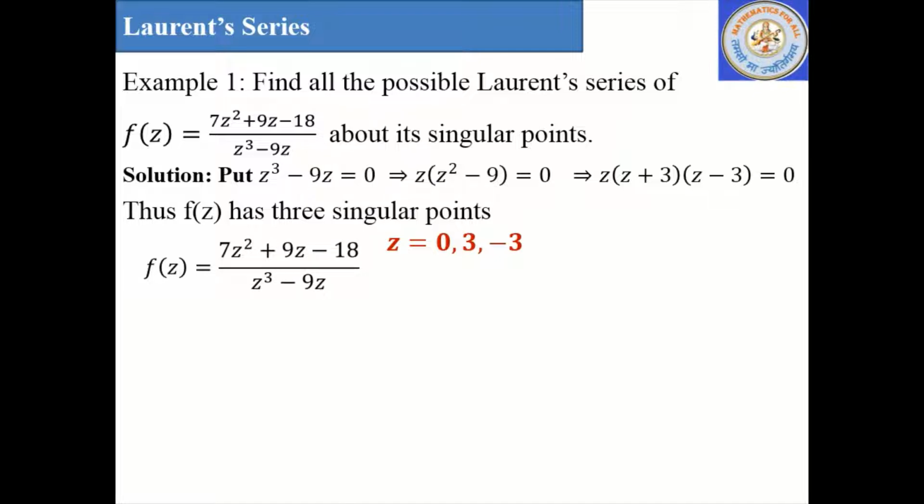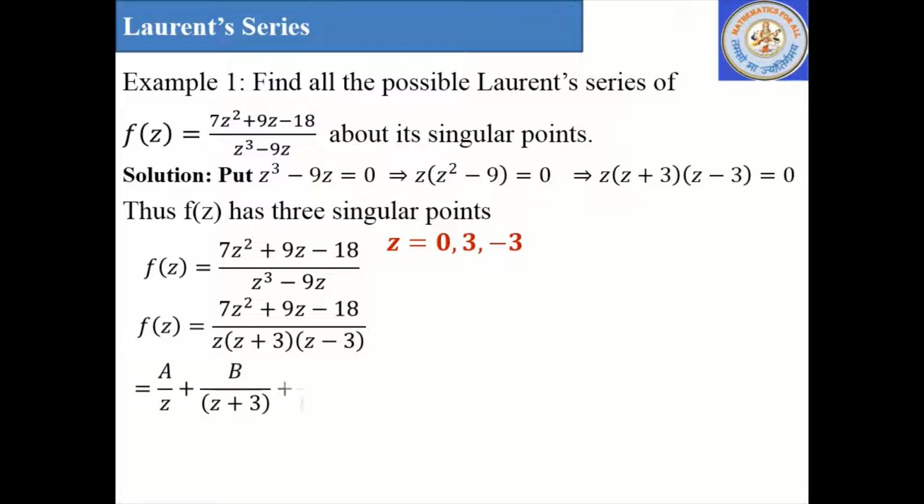Now about these three points we have to bifurcate this f(z). The denominator is z, z plus 3, z minus 3. Using partial fractions, we write A by z plus B by z plus 3 plus C by z minus 3. You are advised to do this using partial fractions. Thus we get 2 by z plus 1 by z plus 3 plus 4 by z minus 3.